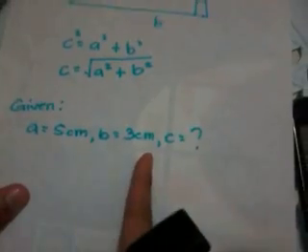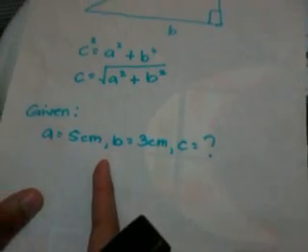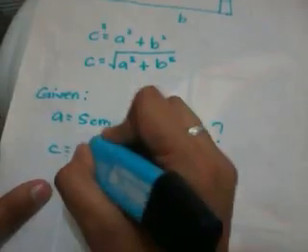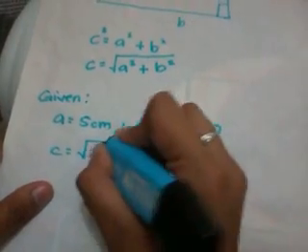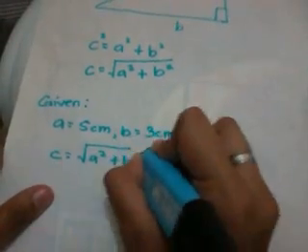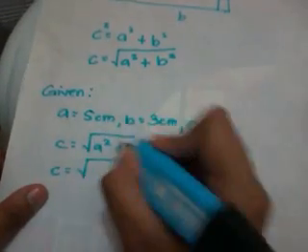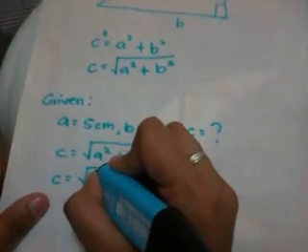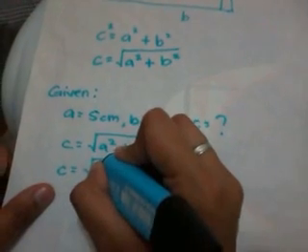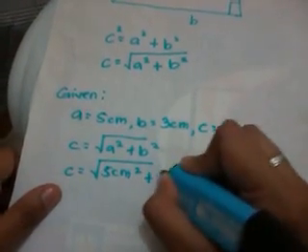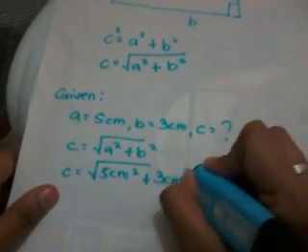In solving this, we must use this formula: C is equal to the square root of A squared plus B squared. So let's substitute. A stands for 5 cm, squared, plus 3 cm squared.